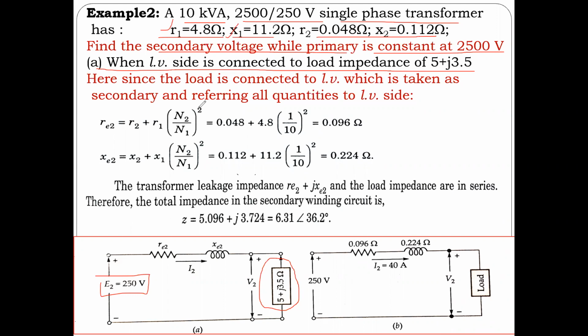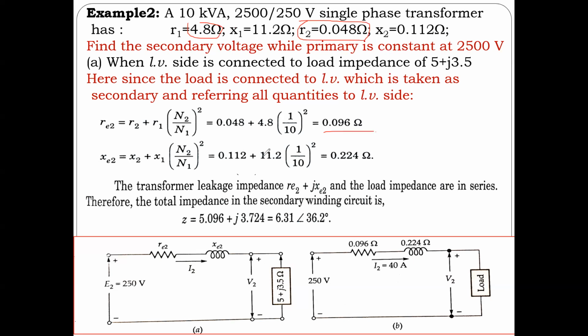So refer all the primary quantities to the secondary side, and in that case, R equivalent would be, we have this already, 0.048, and this other 4.8 coming to the secondary will become 0.048. So the total would be 0.096.